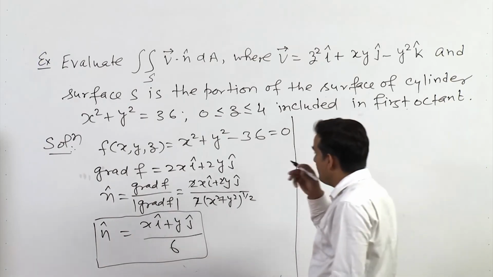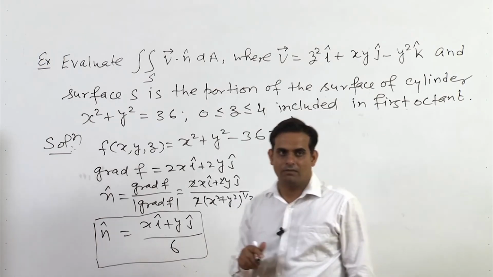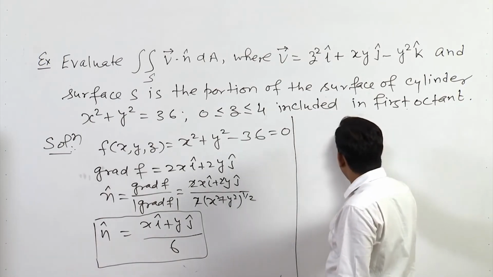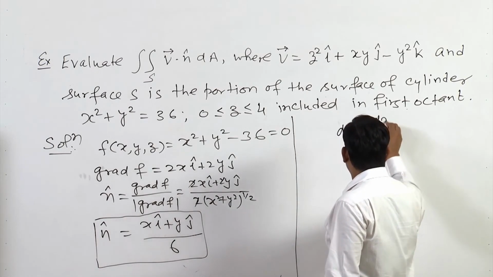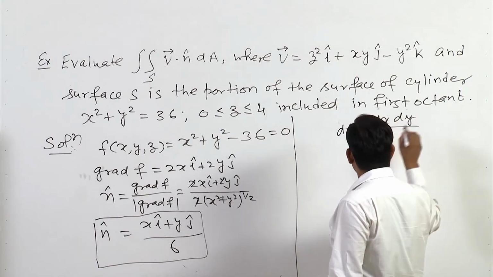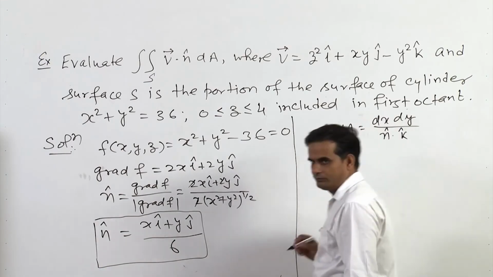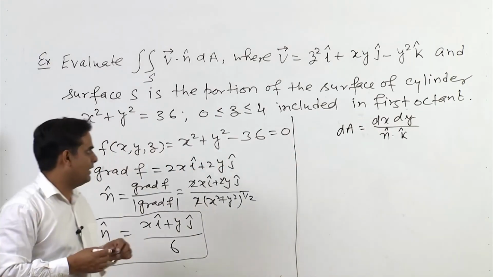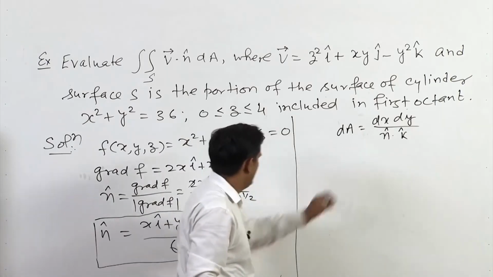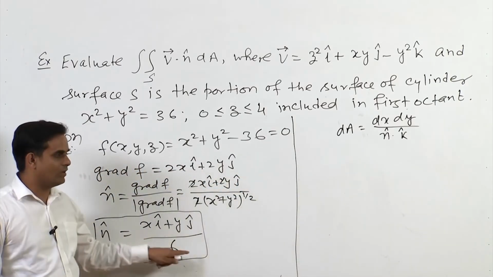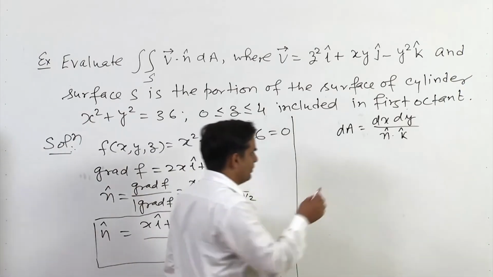If I project on the xy plane, my dA will be dx dy upon n dot k, and when I evaluate n dot k, n is given by this, so n dot k becomes 0.